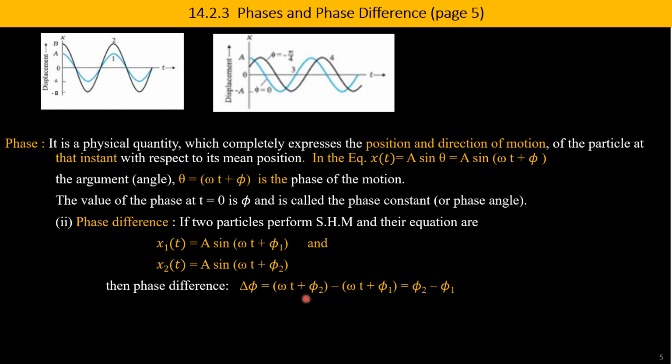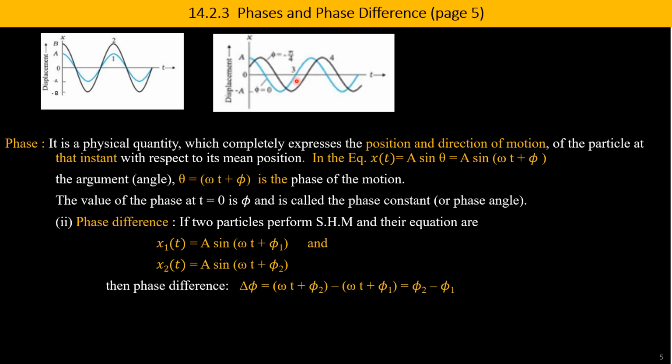Subtracting, omega t gets cancelled, giving phi 2 minus phi 1, which is the phase difference. The second figure on the screen shows a plot of displacement as a function of time.